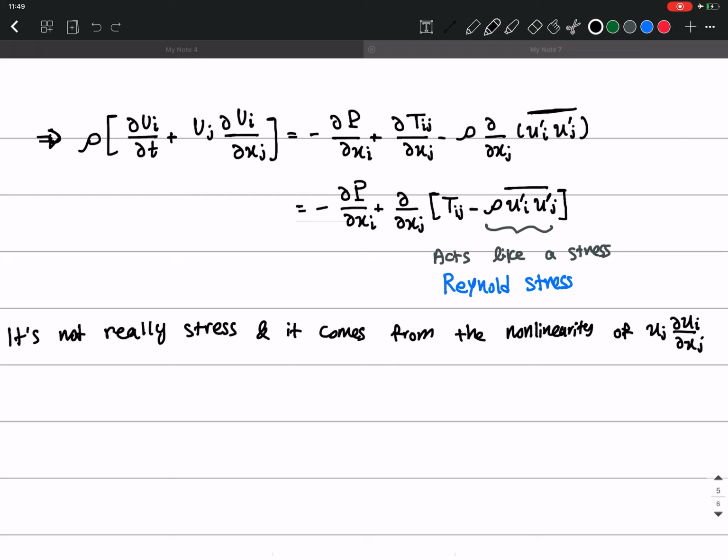So again, tau ij is the molecular diffusion of momentum. This is a real stress.